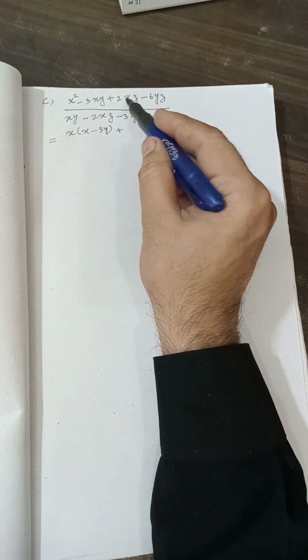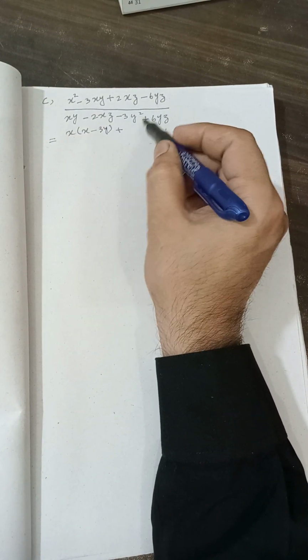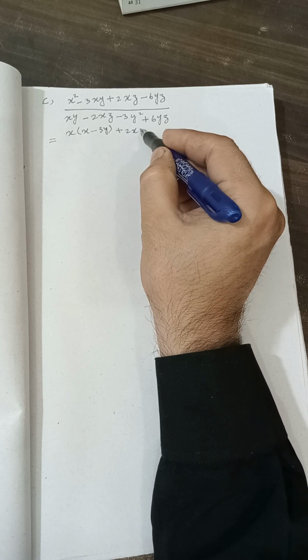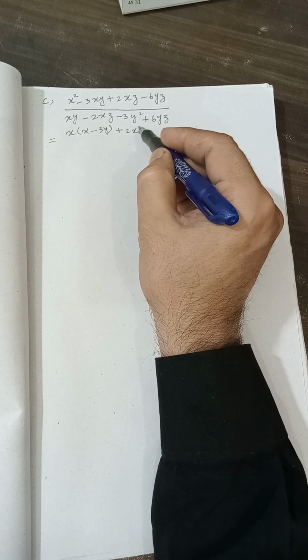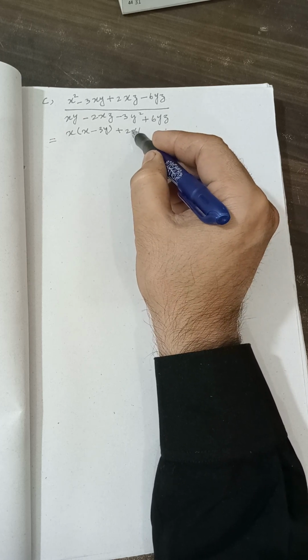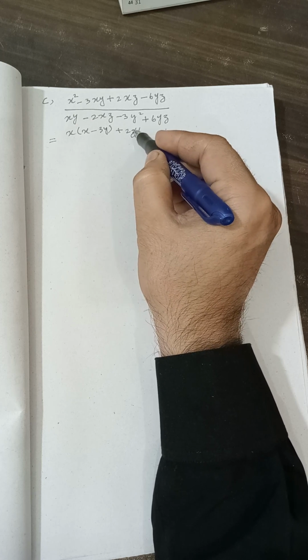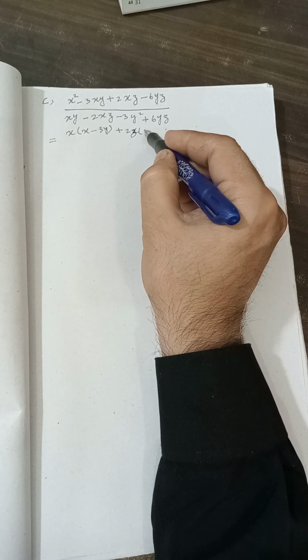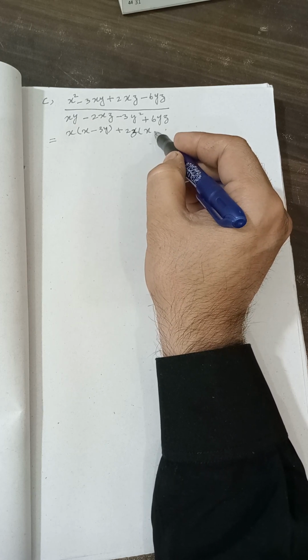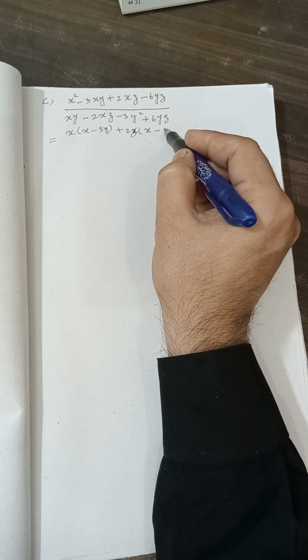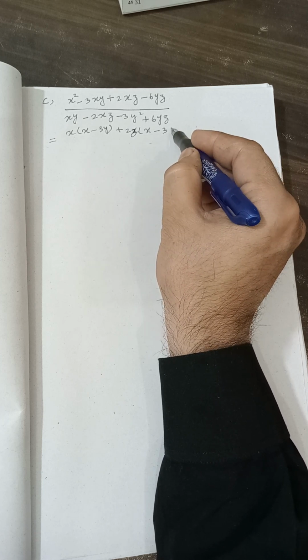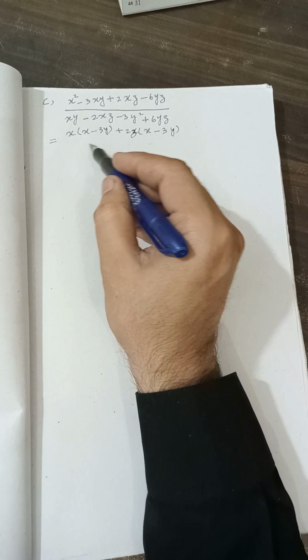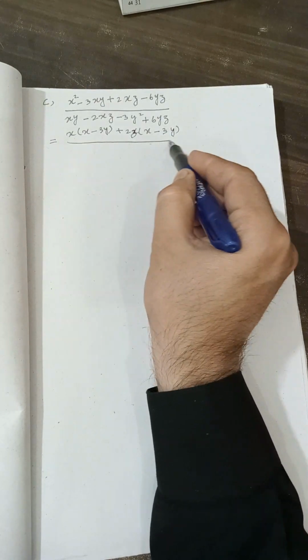Then take 2 and z as common, so after taking 2 and z as common, there will remain x and minus 2 3s are 6, 3y inside the bracket.